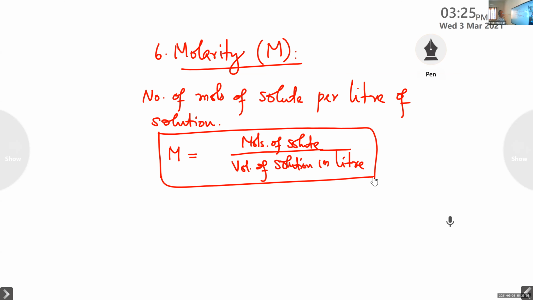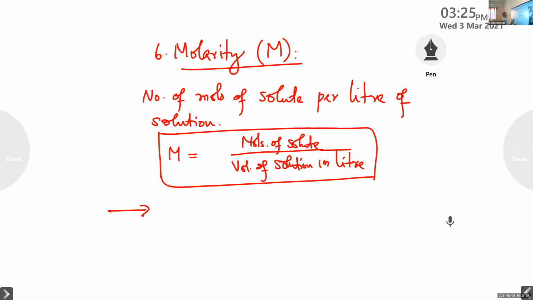So, we have to convert the volume into liter if the volume is not directly given in liter. So, the definition may be number of moles of solute per liter of the solution, or we can have the equation. Molarity capital M is equal to number of moles of solute by volume of solution in liter. So what will be the unit?